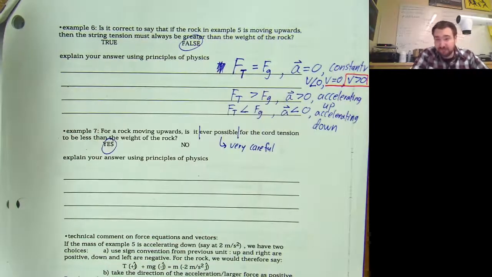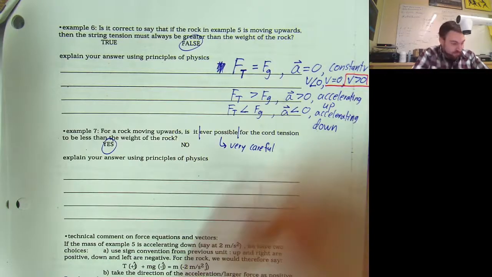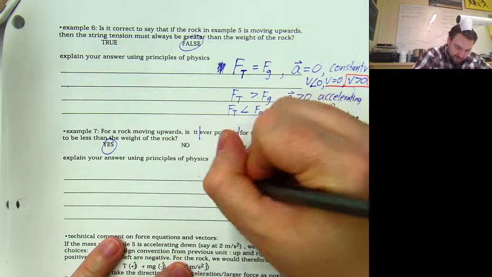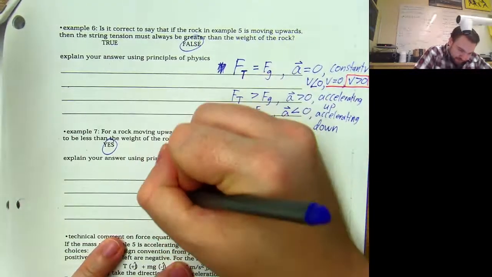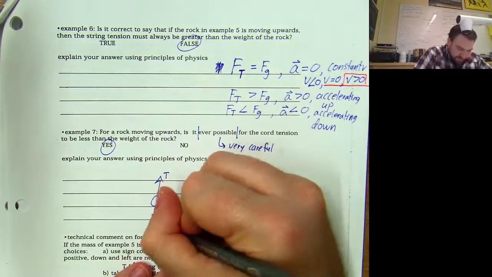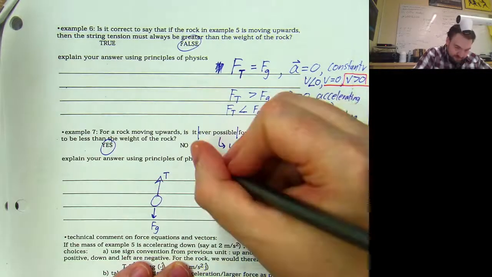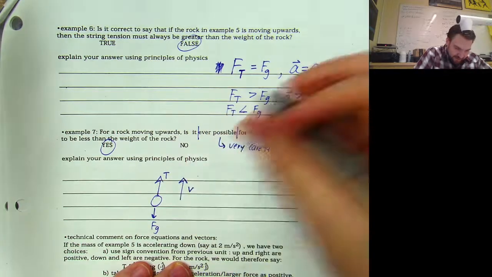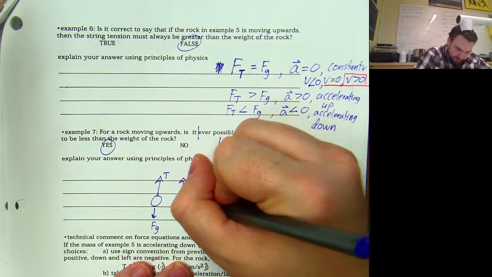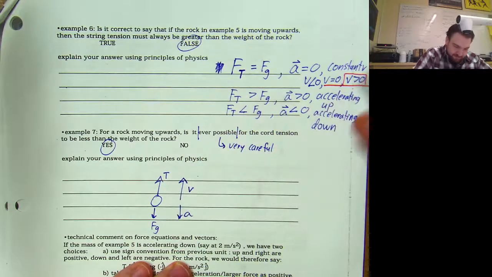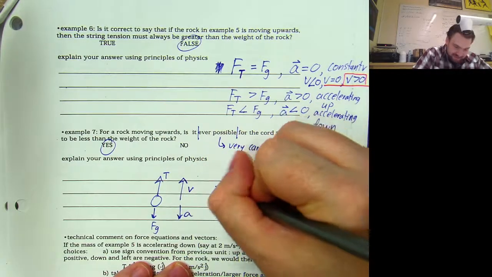I could. Whether or not you can is debatable, but yes, it is possible. What you could have here is you've got a rock, tension is upwards, force of gravity is downwards. It's got a velocity that way. It's got an acceleration that way, and tension is less than Fg.